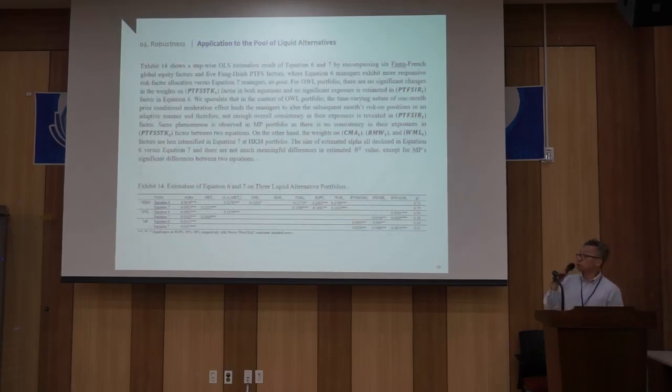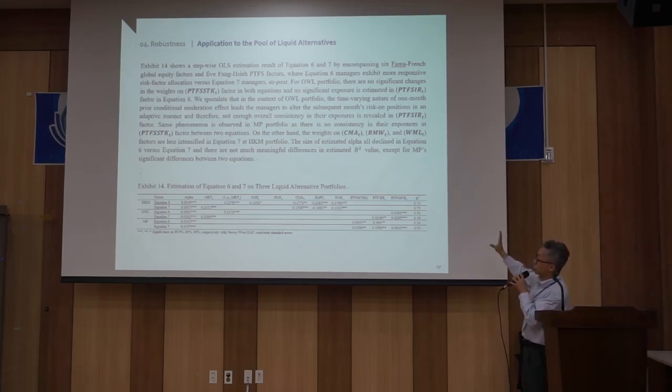And this is the application to my structural equation model, and in terms of explanation power, there's not much difference. However, in terms of parsimony, the model 6 works pretty well.